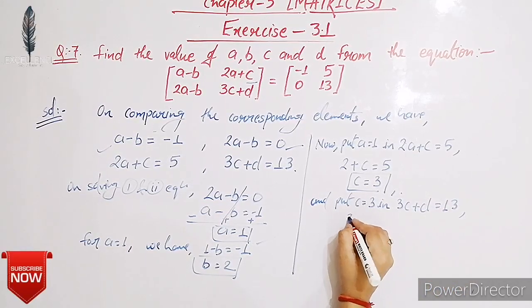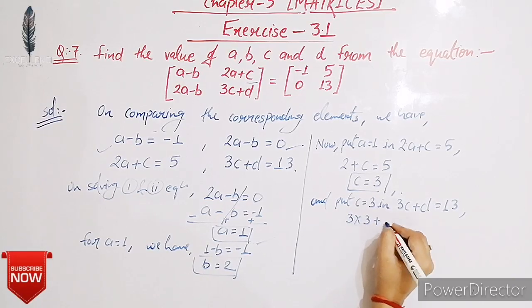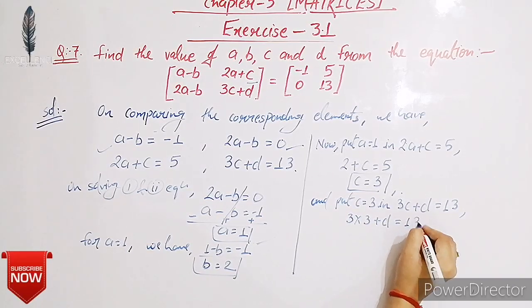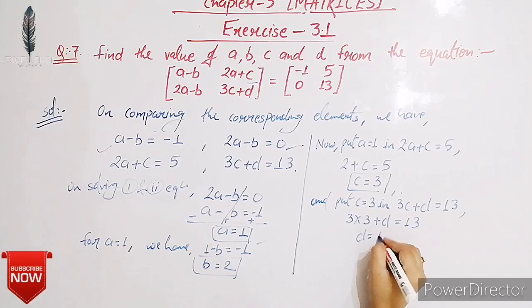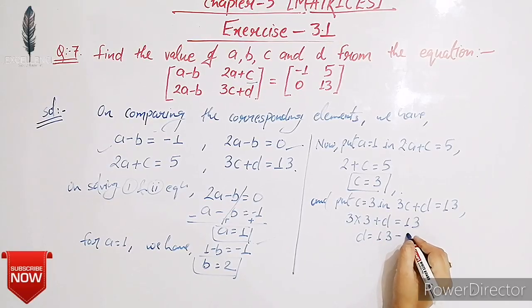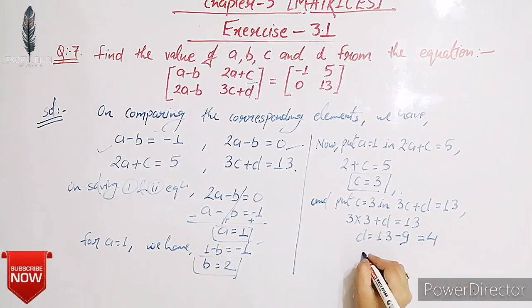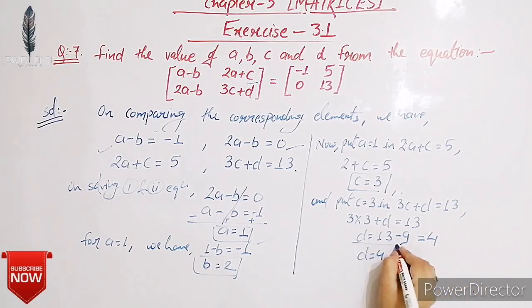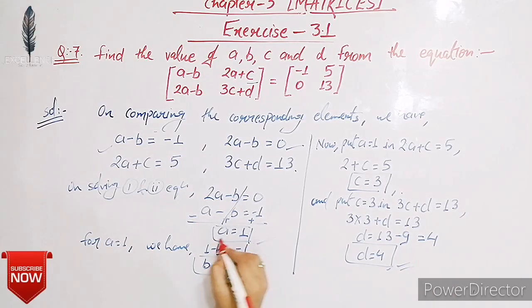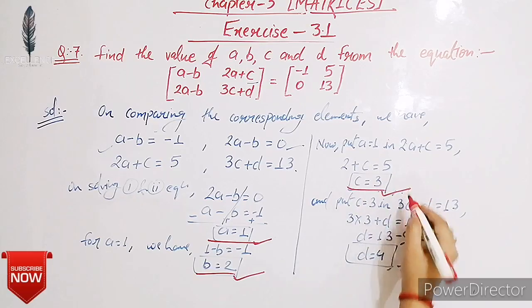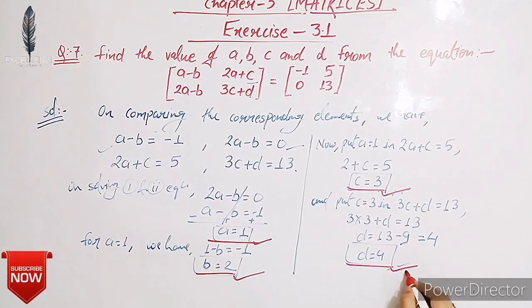So 3 into 3 plus d equals 13, that is 9 plus d equals 13. So d equals 13 minus 9 is equal to 4. d equals 4. So we have all four values: a equals 1, b equals 2, c equals 3, d equals 4.